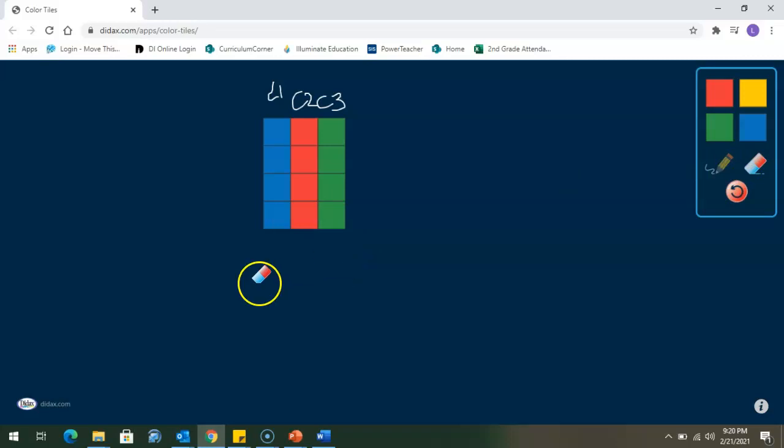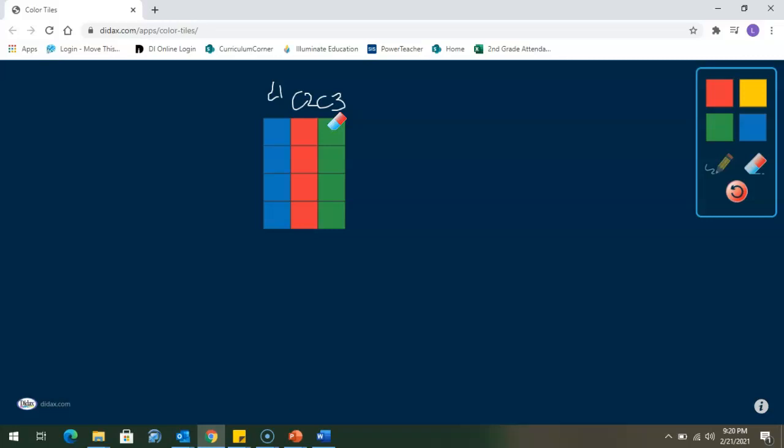Or I can also take away one of the rows like this. Okay, boys and girls. Now I'm going to take away one row, right?